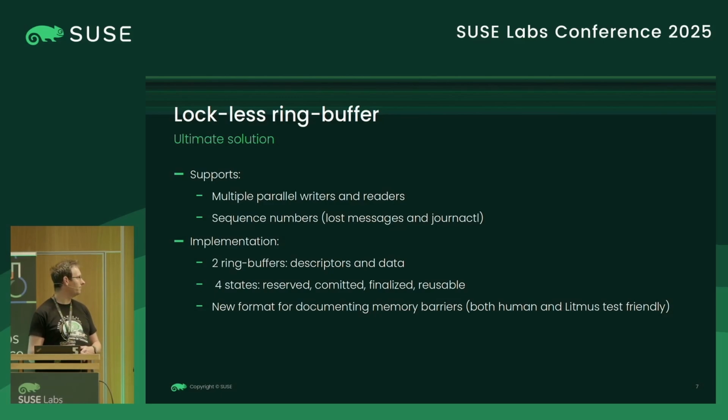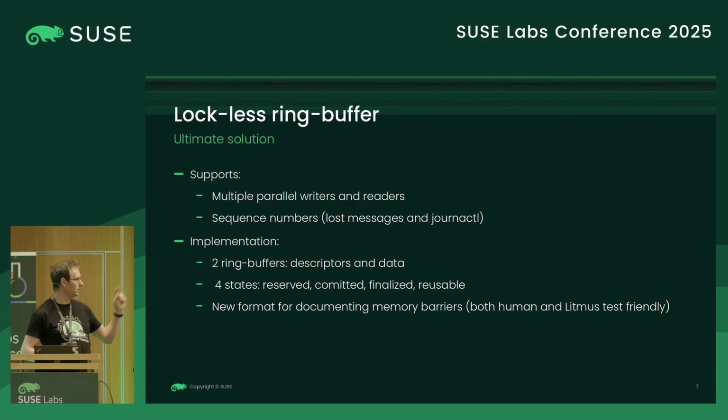in the data ring buffer, and the data ring buffer was for the strings. And there was a fixed amount of descriptor slots, which allowed reserving this fixed amount of records in the data buffer, and they could be in four states: reserved, committed. The committed state allows reopening, going back to the reserved state, and it was used for pr_cont, for appending another string to the end of the last one.